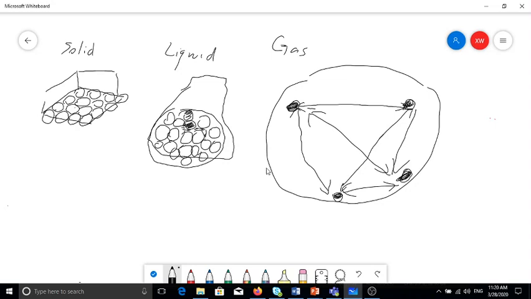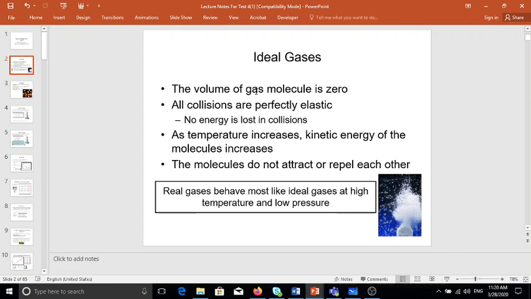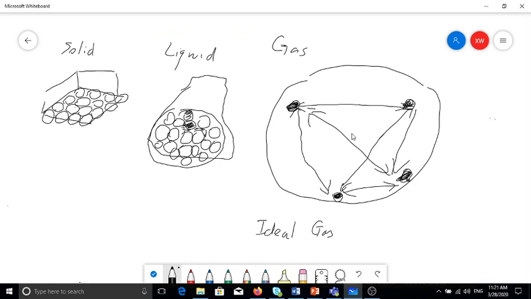So here we'd like to introduce the ideal gas. For the ideal gas, the first, and I think the more important, simplification or idealization is that we completely ignore the size and the shape of the gaseous molecule. So on the PowerPoint, you can see the first item is that the volume of a gas molecule is 0. It doesn't really matter if you are a carbon dioxide molecule, or a hydrogen molecule, or an oxygen molecule, or you can possibly have different molecules mixed up together.